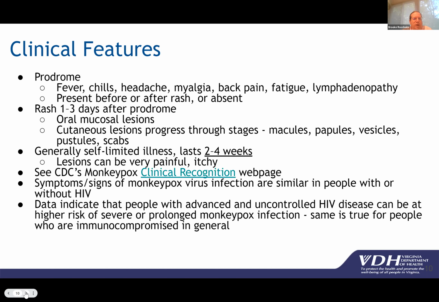And then obviously we're waiting for the scab to fall off and new healthy skin to take its place. Generally, monkeypox is a self-limited illness, and it lasts about 2 to 4 weeks. However, the lesions can be quite painful and itchy and just be uncomfortable in general.